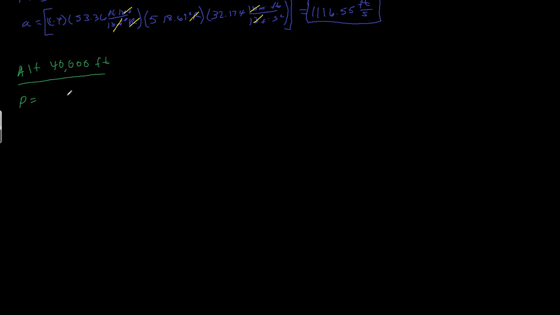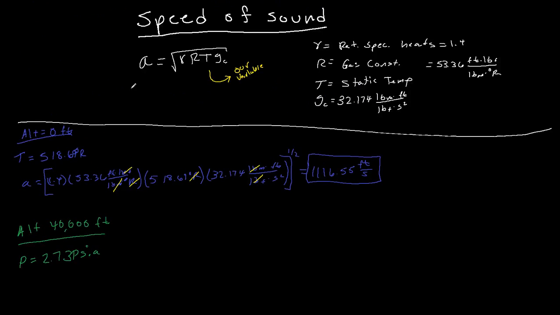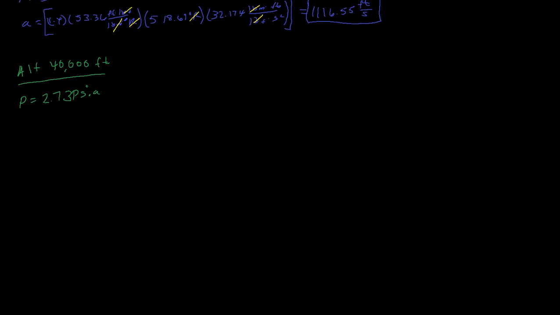We're not going to use pressure, but I'm just going to explain it to you anyway. Our pressure is going to be 2.73 psia. Now, at sea level, I should write it up here, but at sea level, our pressure is, for comparison, 14.696 psia. So a huge pressure drop there.